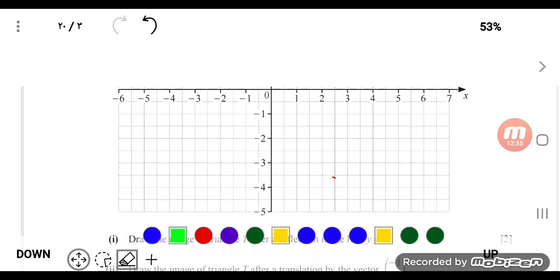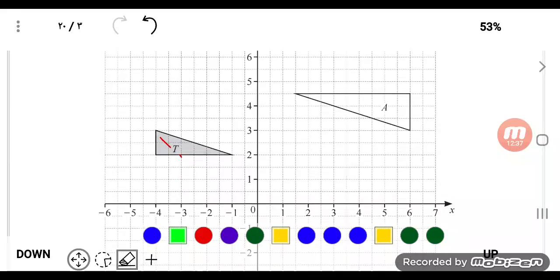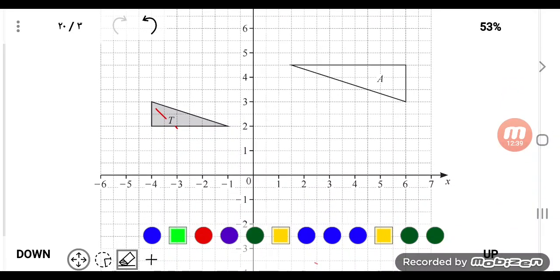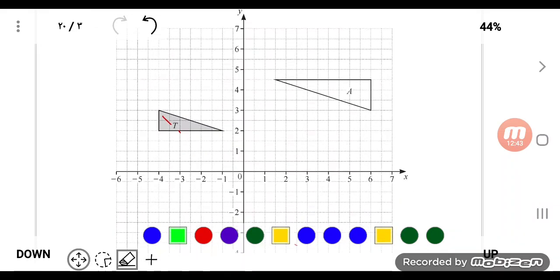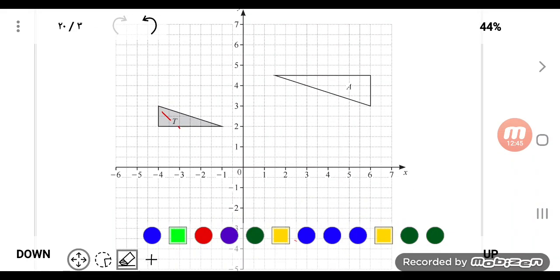So let's go to the graph and draw the line of reflection. Line of reflection is y equal x. So how do you draw y equal x?